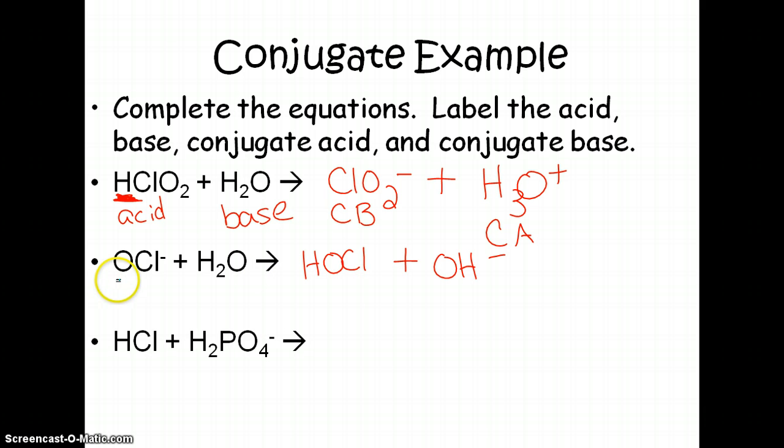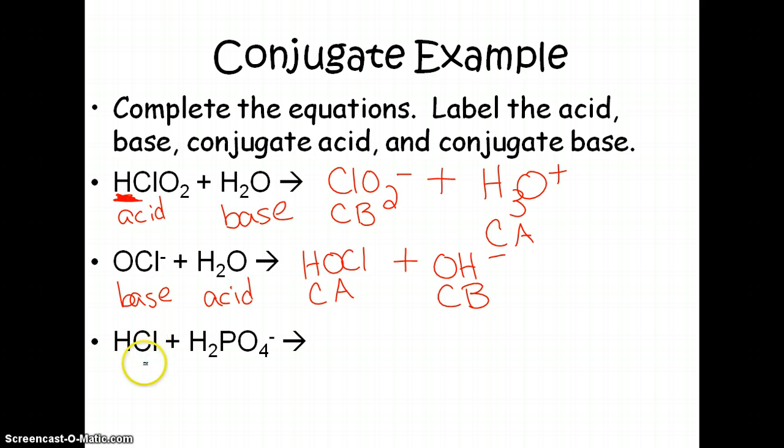It's all good. This is a base because it accepted the proton, which makes it over here the conjugate acid because now it can donate it back. This acted as the acid because it donated the H, and then this becomes the conjugate base because it can now accept the proton.